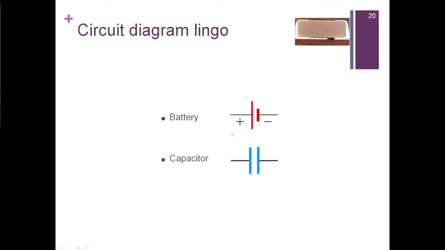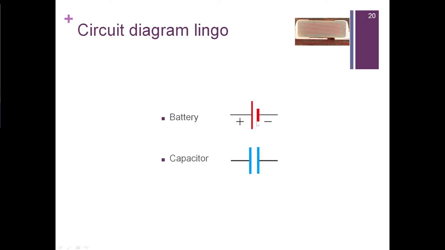So, jumping back to the first slide again, what we've got here is two symbols that are commonly used to represent capacitors in a drawing. So again, two parallel lines that are the same length represents a capacitor. The images in these notes usually have a physical picture of a battery representing the battery itself, but there is a shorthand symbol for it so that you don't have to draw a battery out every time you are making a diagram.